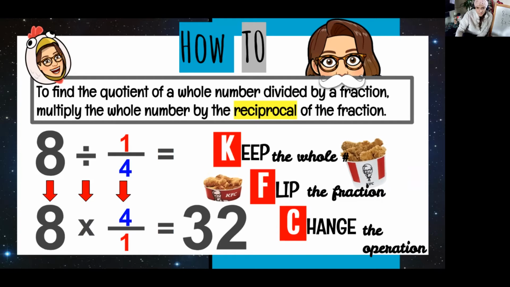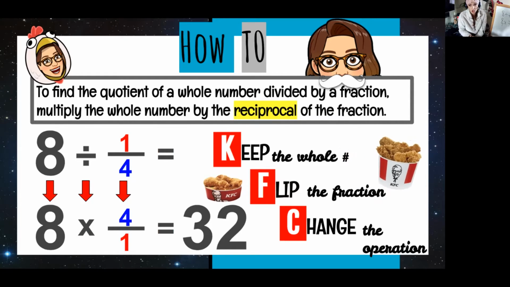So I keep my whole number. I flip my fraction. So here's my fraction, 1/4. Since I want to use my inverse operation of multiplication, I need to switch my 1/4 to its reciprocal of 4/1. That way I can make it a multiplication problem that I can work with. And then last one, change the operation.